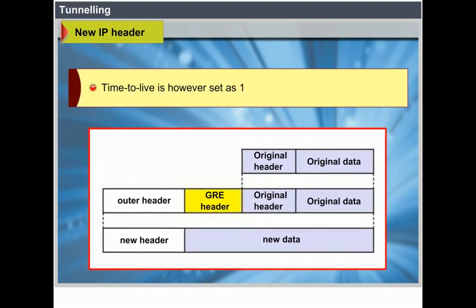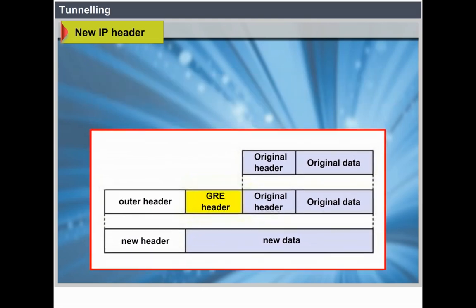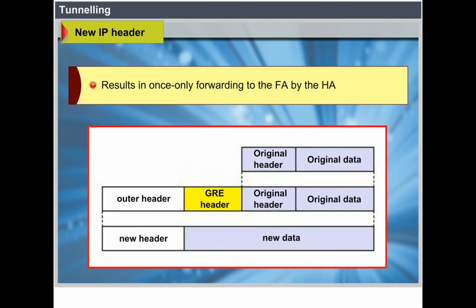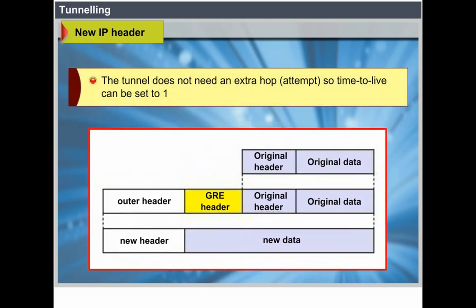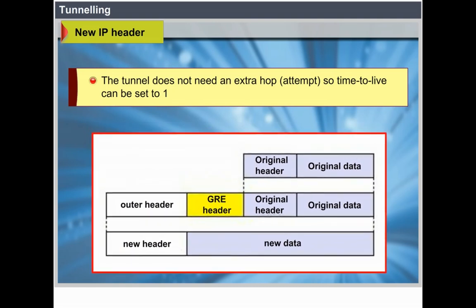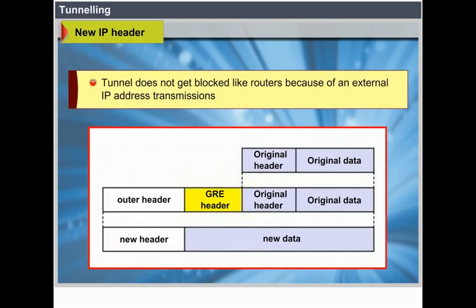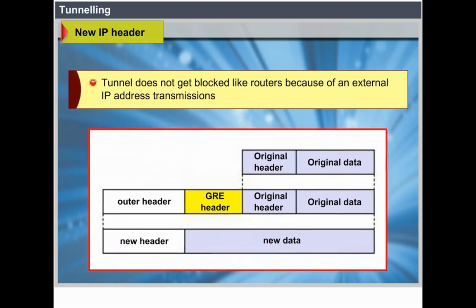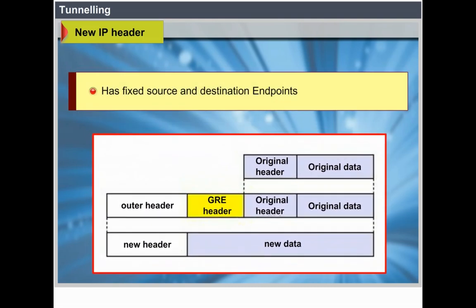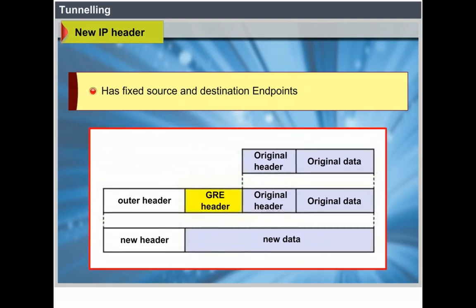Time to live is however set to 1. This results in once-only forwarding to the FA by the HA. The tunnel does not need an extra hop attempt, so time to live can be set to 1. The tunnel does not get blocked like routers due to external IP address transmissions. It has fixed source and destination endpoints.